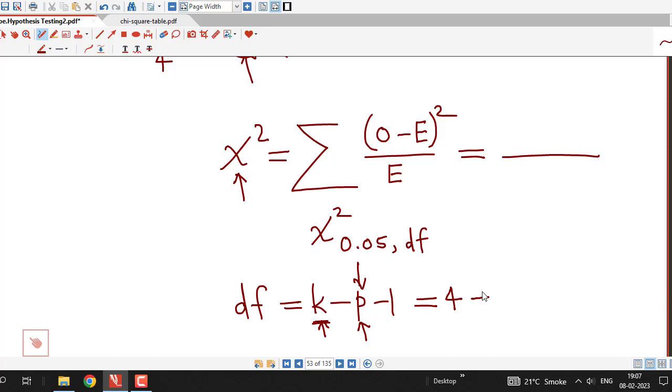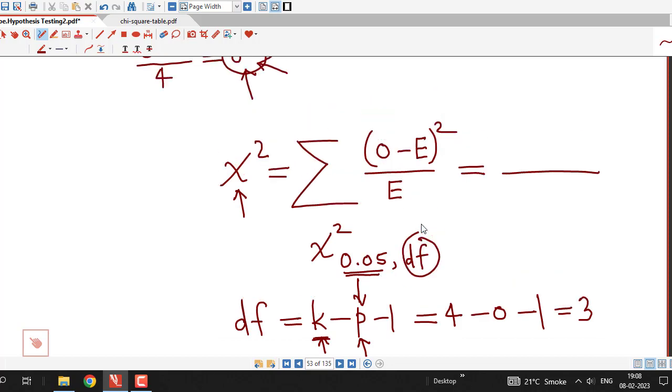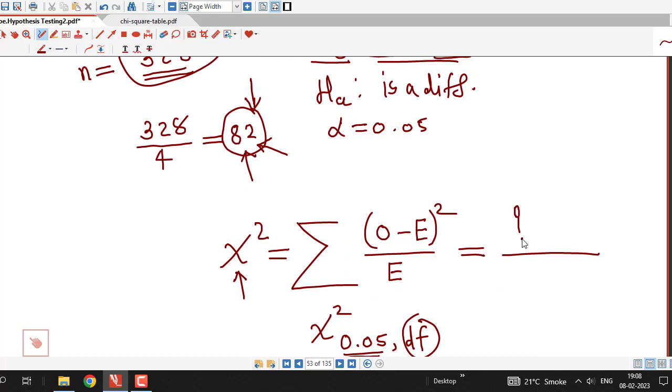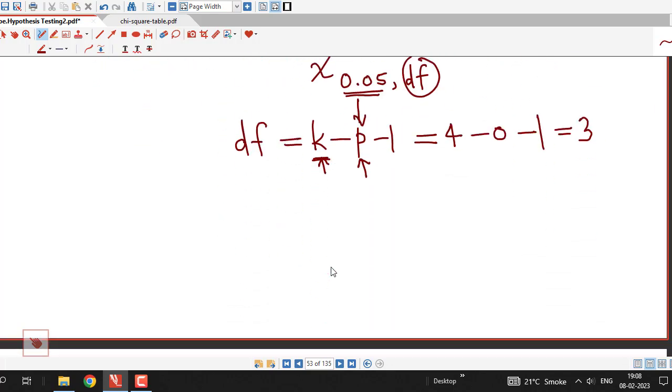Here we are not estimating any population parameter, so p is 0, and the degrees of freedom is 4 minus 1, that is 3. So we will find the chi-square critical value at 0.05 level of significance and 3 degrees of freedom, and then compare the calculated value of chi-square with this critical value.